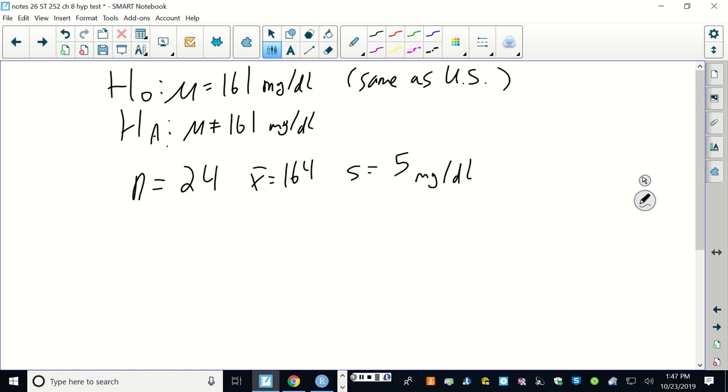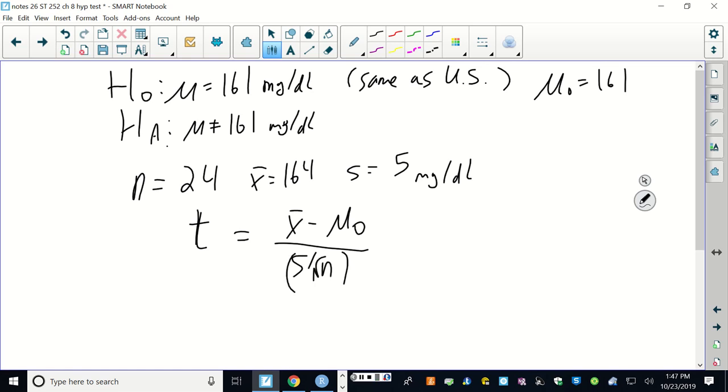Right. So we formed our null hypothesis. Our t statistic is X bar minus mu sub 0, where mu sub 0 is 161, over S over the square root of n. So 164 minus 161, and then 5 over square root of 24, which is almost like 5.